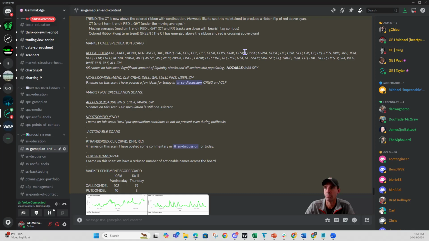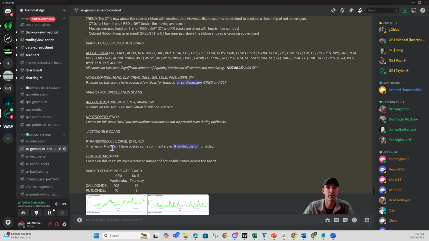We noticed that CRWD was populating that scan. Also, it's on the new call dom del, which means it is new call dominated above and below spot price, which is very important. We want to see that out of the money, or OTM, call speculation in the right-hand plane for the probability that the stock will move up, and also in the money calls below spot price in the left-hand plane, which gives it a supportive, demand type action.